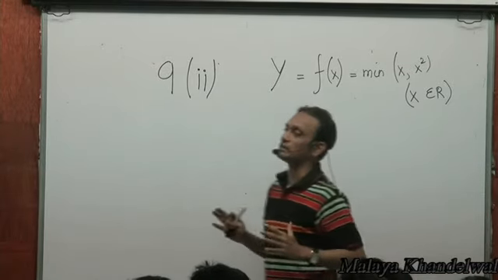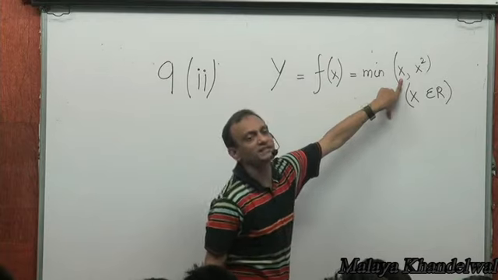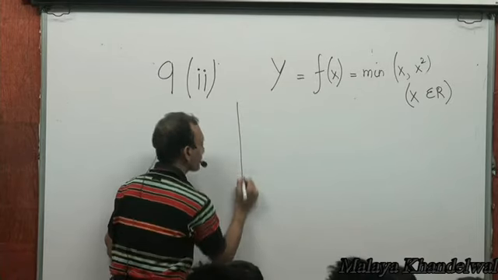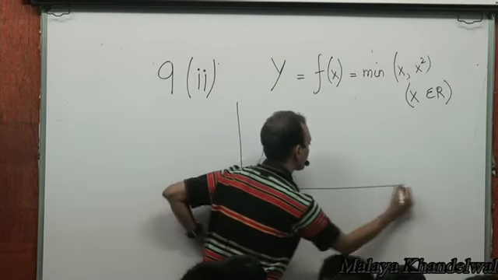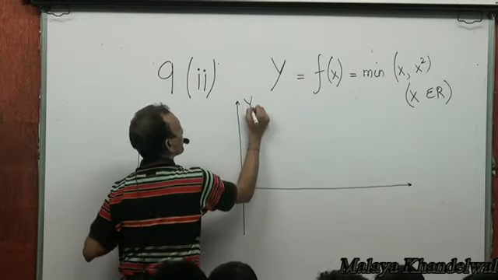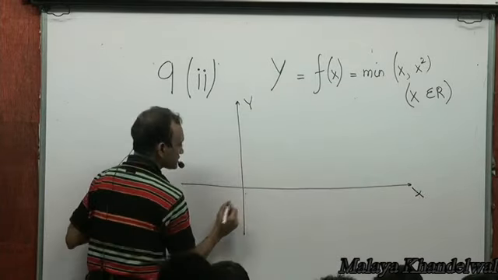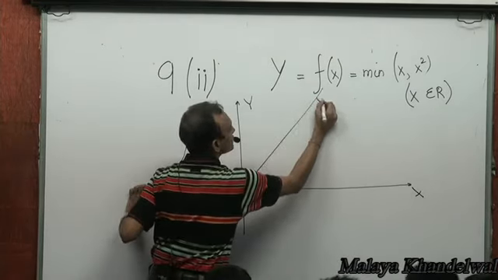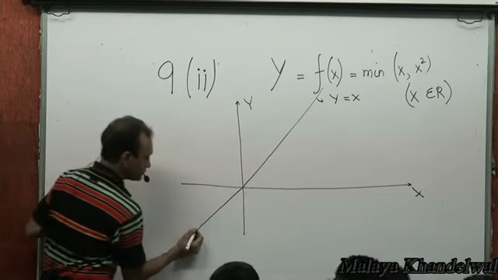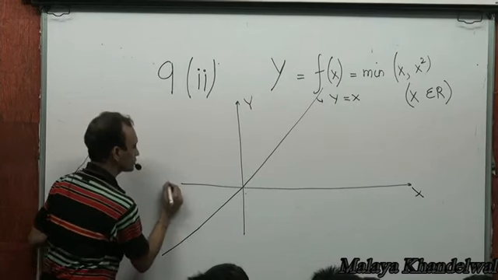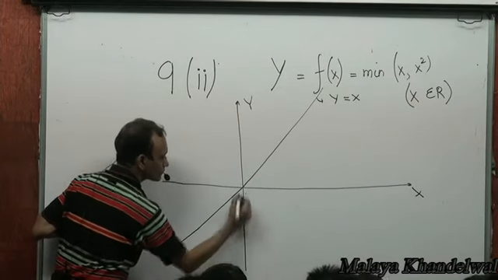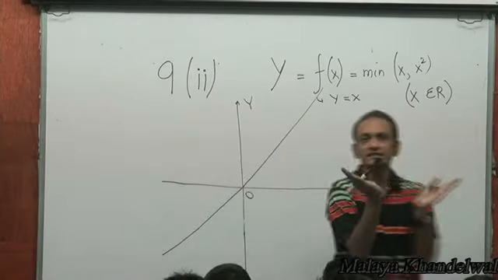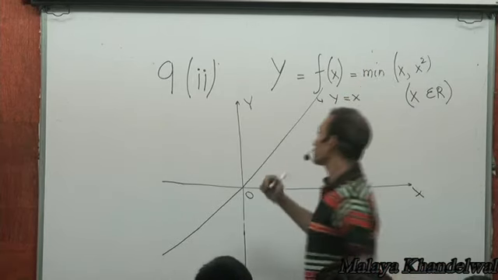These problems are handled graphically. Draw the graph of y equal to x and the graph of y equal to x squared in the same plane. Y equal to x is the straight line. Y equal to x squared is a parabola.